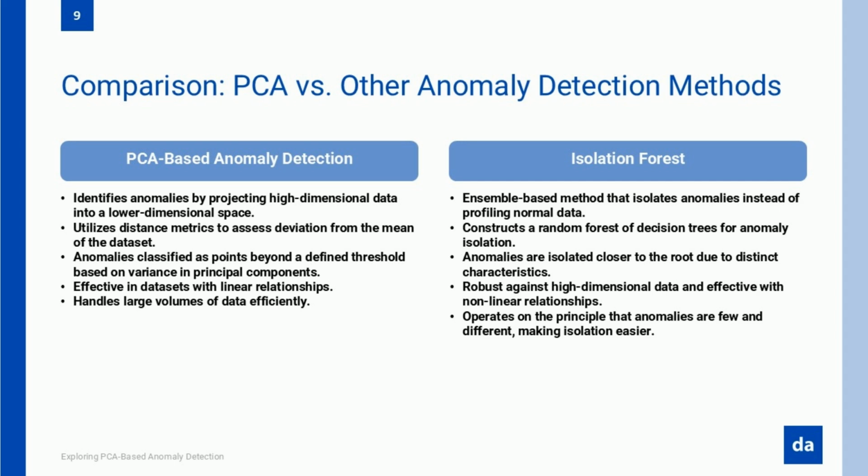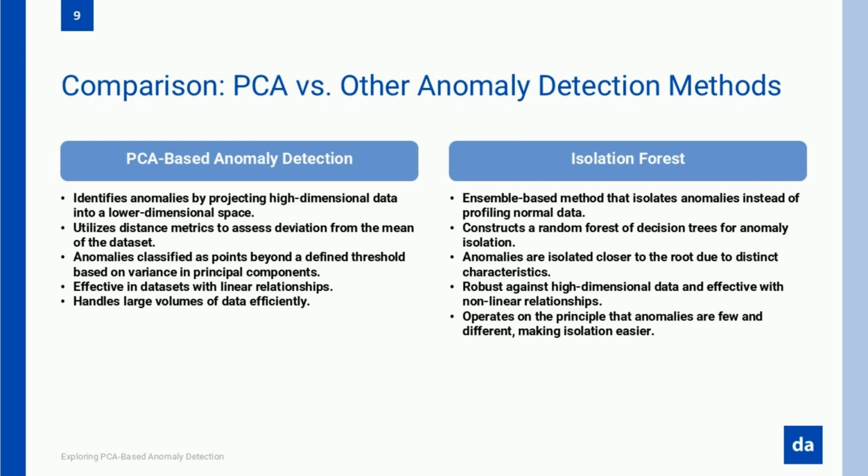PCA excels in situations where dimensionality reduction is a key concern and where anomalies can be identified based on how much they deviate from principal components. It's particularly useful in pre-processing steps, helping other anomaly detection methods perform better by reducing noise and redundancy.